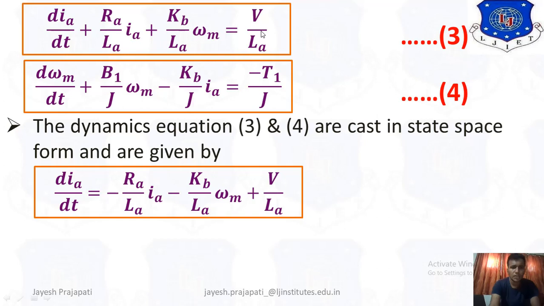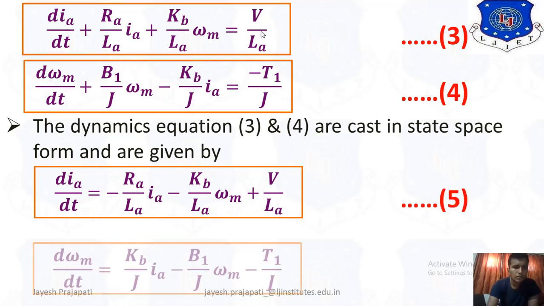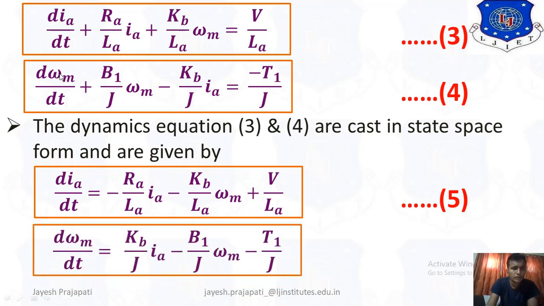Only this portion is given on the right side. Then the next equation we can say is equation number 5. Then in the next equation we have made d omega m by dt the subject, that is equal to kb divided by j ia minus b1 divided by j omega m minus t1 divided by j. We have only made it the subject, and all this portion is given on the right side.